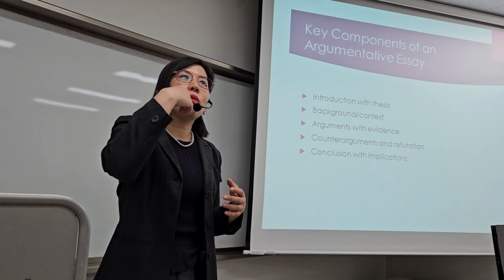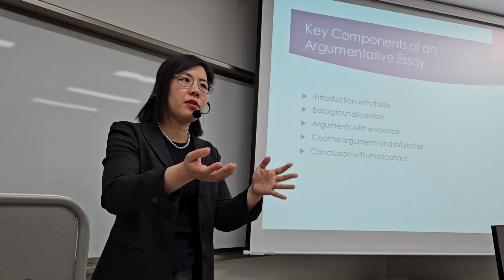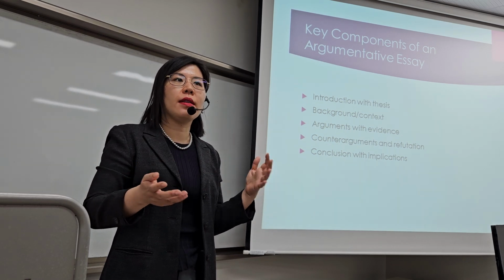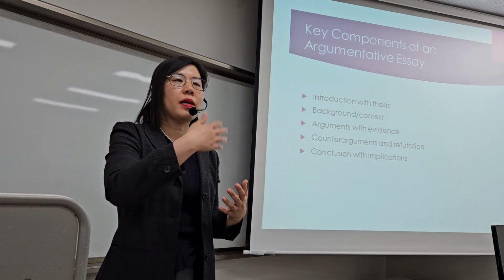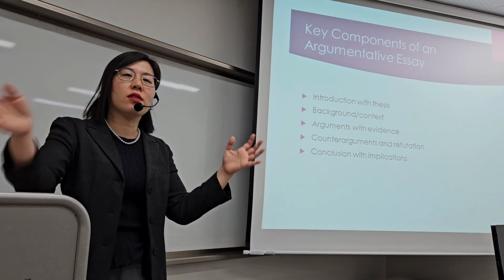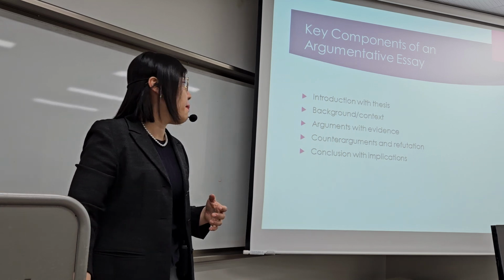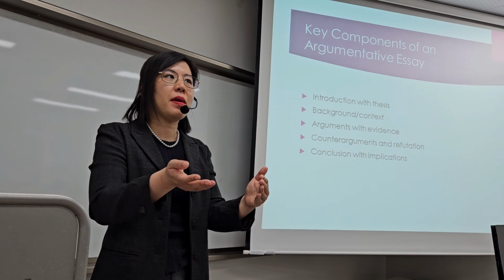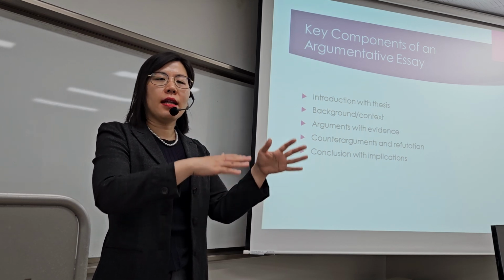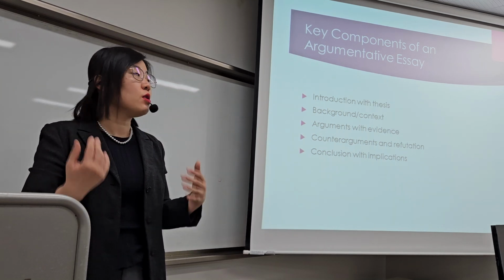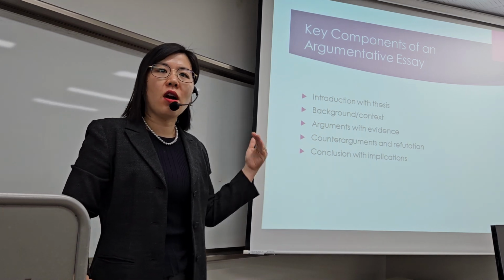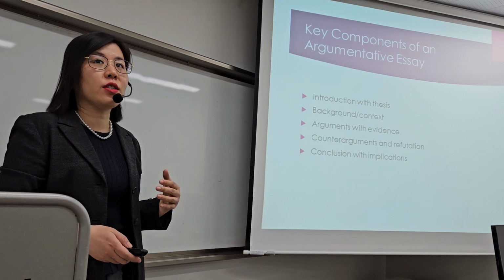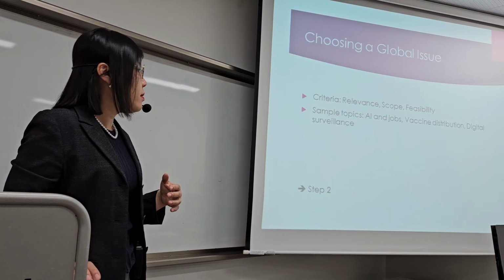So you present the counter-arguments, but at the same time in the same paragraph you explain why it doesn't work, and by doing so you show the reader that you've considered various perspectives on the topic. The refutation is basically saying, oh, this doesn't work. And then you come into the conclusion. So this is the basic flow of an argumentative essay, but I'm going to go over step by step how we can do it. All right, who's next?